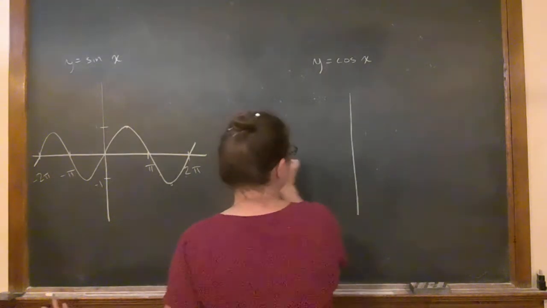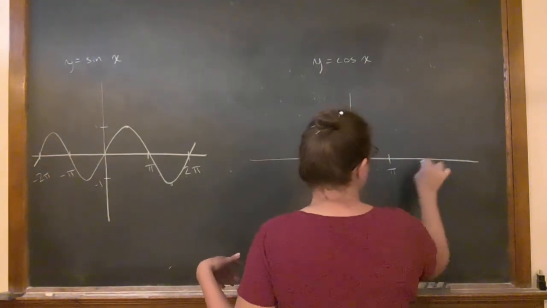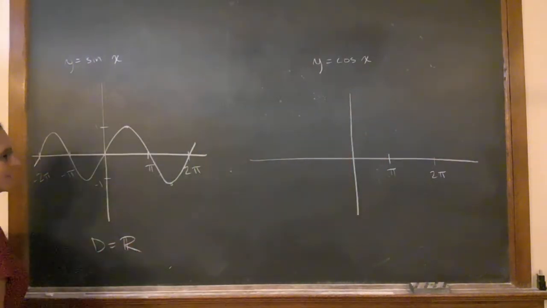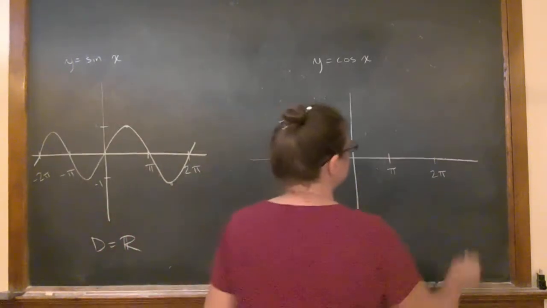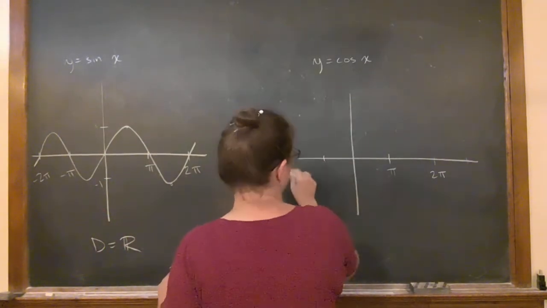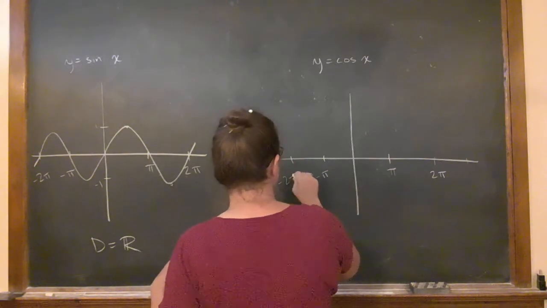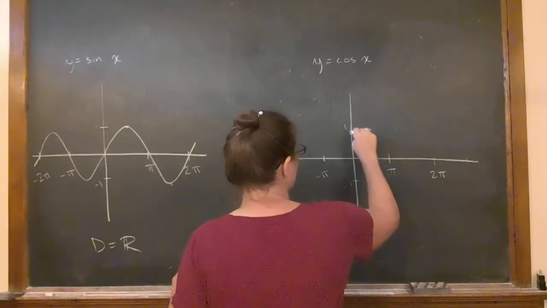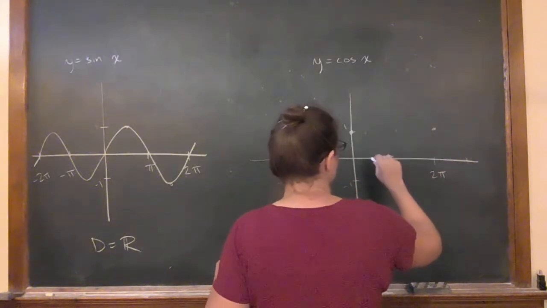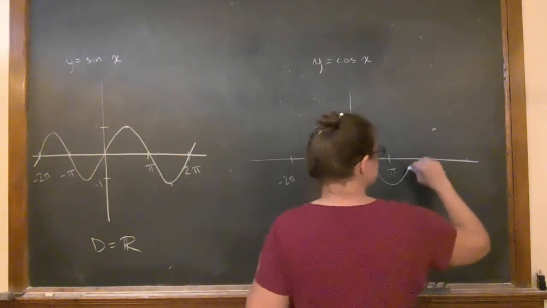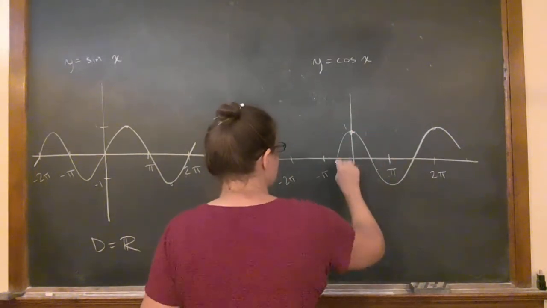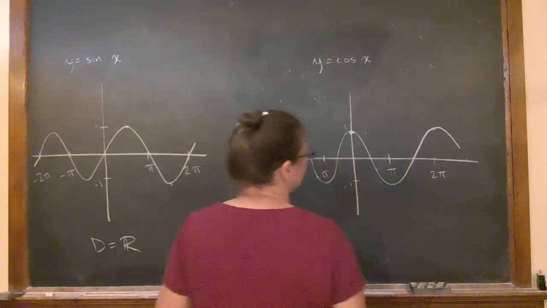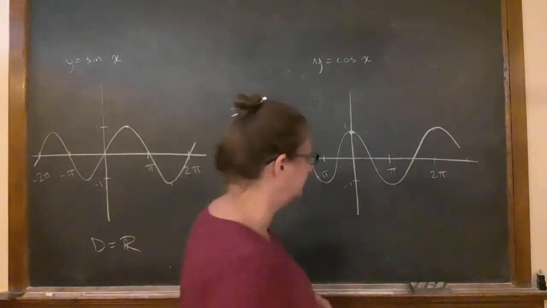So interesting point about these guys, of course, is that our domain is all of R. Our range is from -1 to 1, unless you have some number before, but we'll talk about that next video. Right? So for cosine, you're here, right? Yep. This is a bad picture too. That's terrible. Terrible picture. Okay. Sine and cosine.